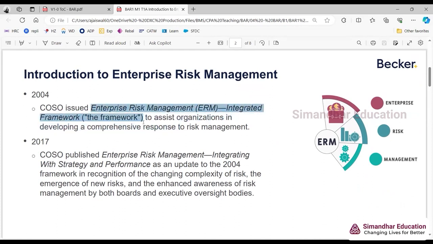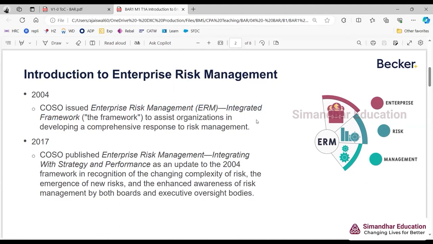Now the internal control framework already had something about risk, but then they thought that the risk management process needs individual attention. That's why they made a totally separate framework so that focus should be there.